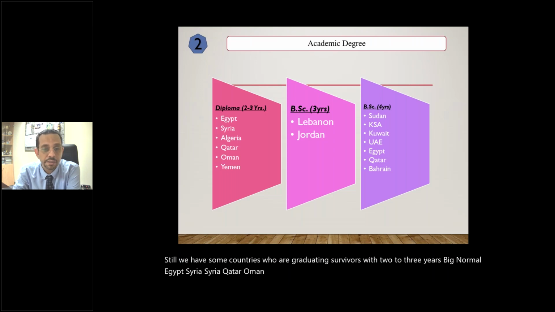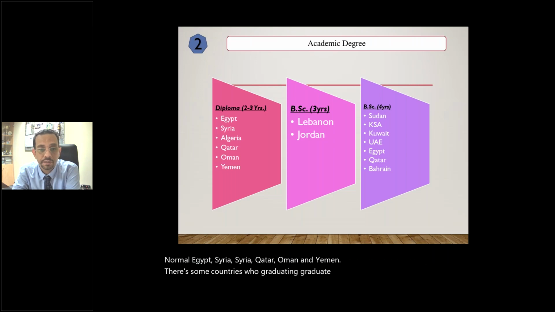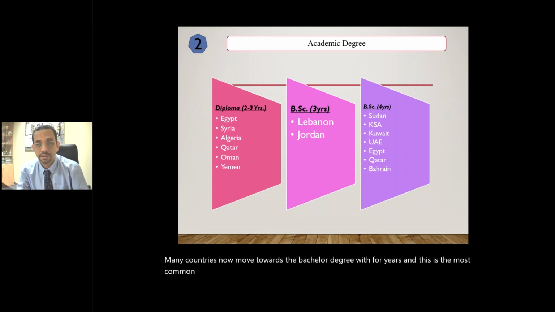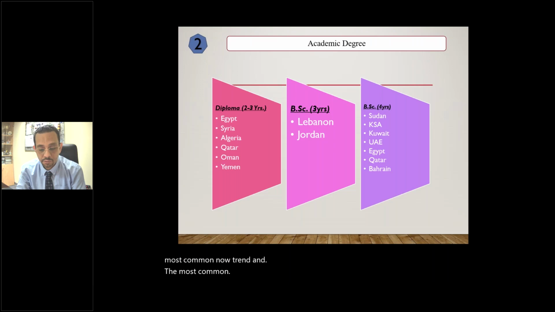There are some countries graduating radiographers with a bachelor degree, but a 3 year degree. Many countries now move towards the 4 year bachelor degree, and this is the most common trend and practice in most of the countries.